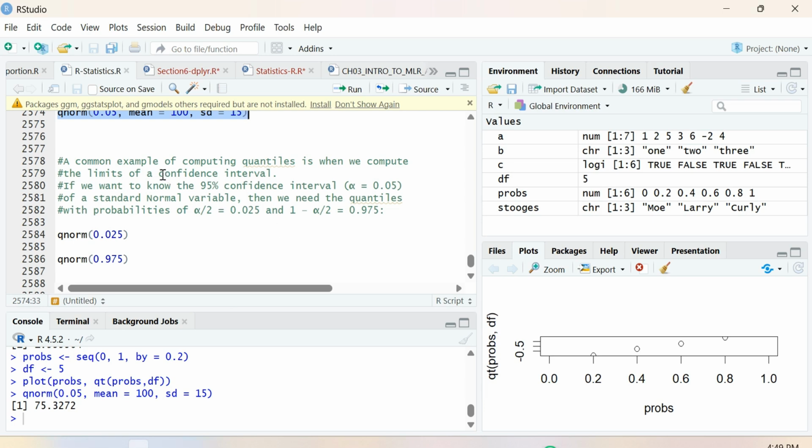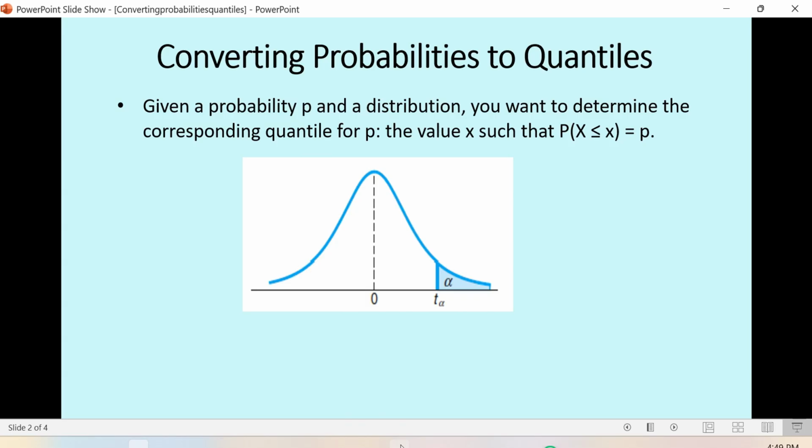For example, we want to draw a 95% confidence interval of a population mean. Because the confidence level is 95%, alpha is 0.05. This white range represents 95% of the confidence level.